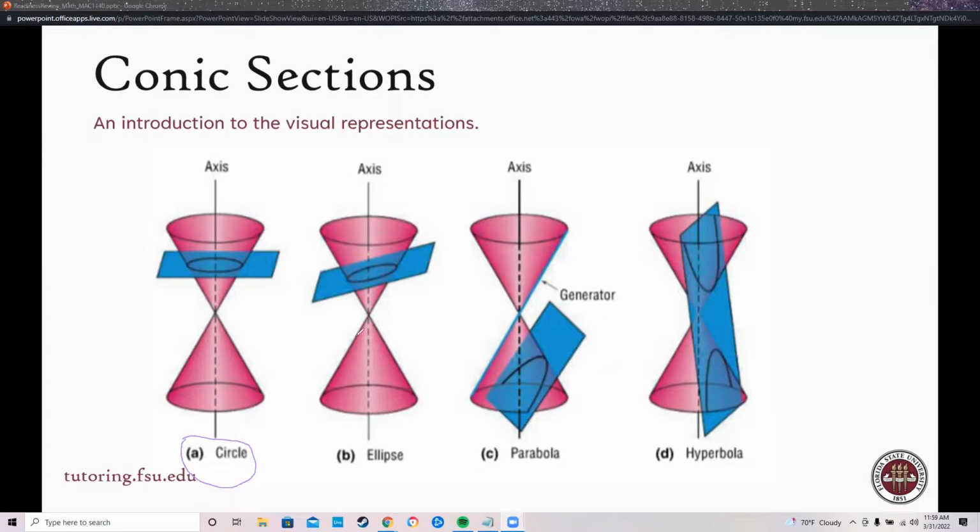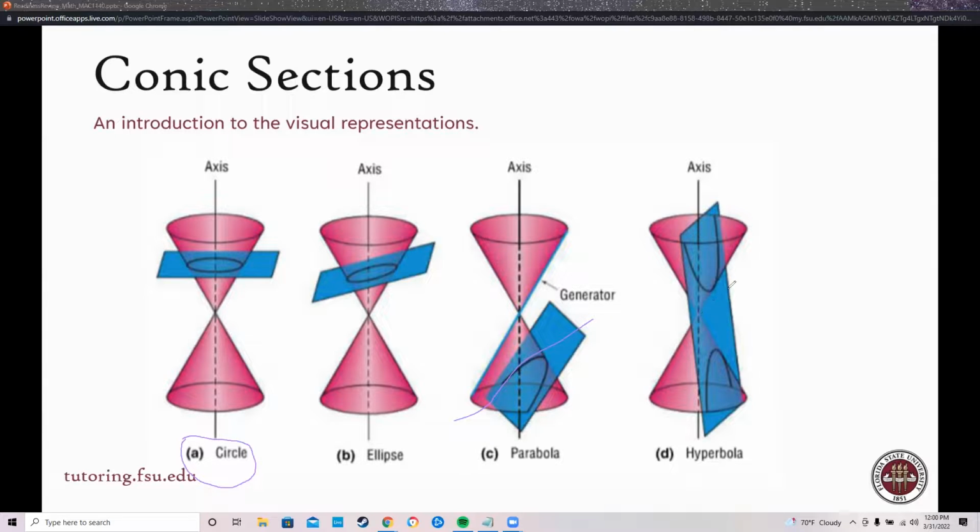If you come at the cone at a bit of an angle, then suddenly this is not a perfect circle and it's elongated on one end, giving us an ellipse. If you don't go through the full cone and just go in on one side as such here, we'll get a parabola. And if you go through both the top and bottom cone, then we get a hyperbola.